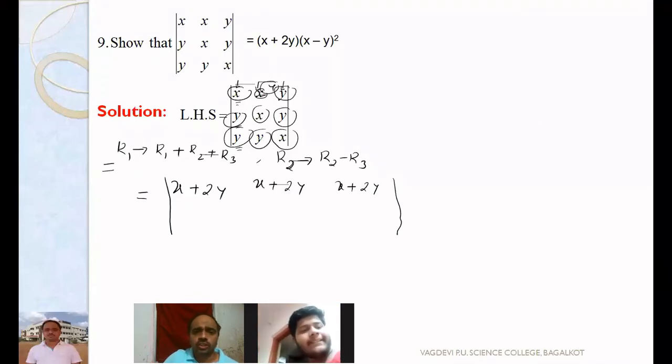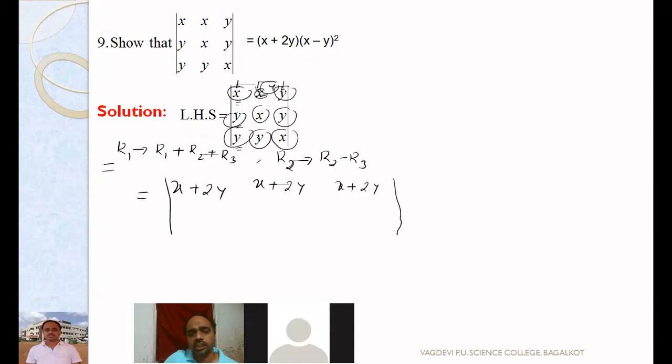Concentrate. So first I've done R1 plus R2 plus R3 because I want one x plus 2y. I want two factors of y. Next, R2 minus R3 I can do because y minus y will be 0. My purpose is to get some zeros so that I can easily find the value of the determinant by expanding.